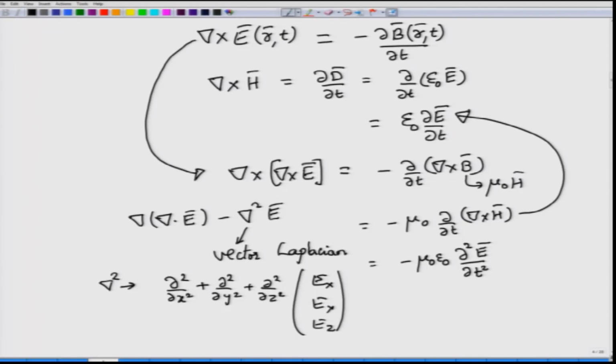So, the result of this del square E operation turns out to be a vector such that it will be x hat, the scalar Laplacian operating on Ex, plus y hat, the scalar Laplacian operating on Ey, plus z hat, the scalar Laplacian operating on Ez.